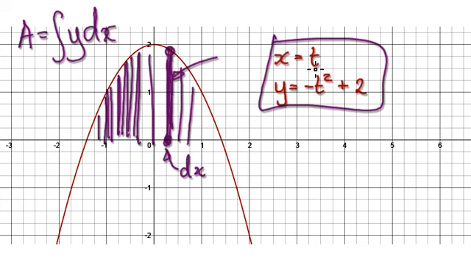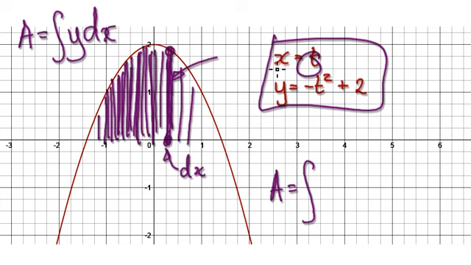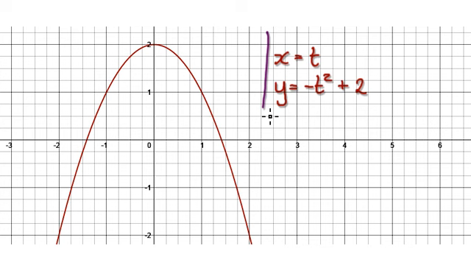But because we're working in terms of time, we're going to need to abandon this, and we are going to need to work out the integral. We're going to sum up all the rectangles here. Each step of the way, we're going to need to know the height, and the height will be given by this.